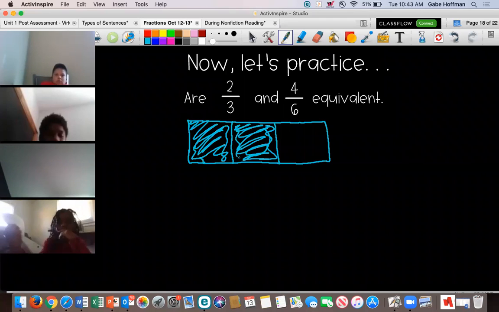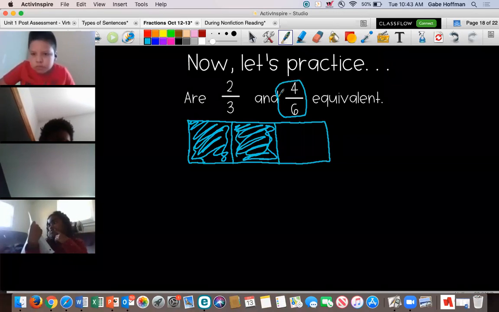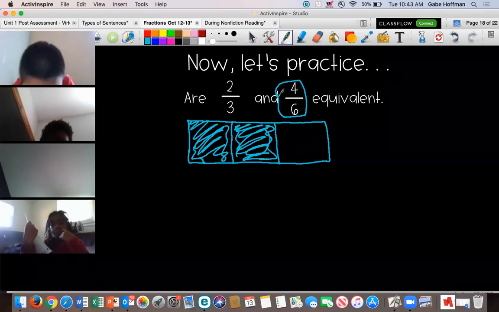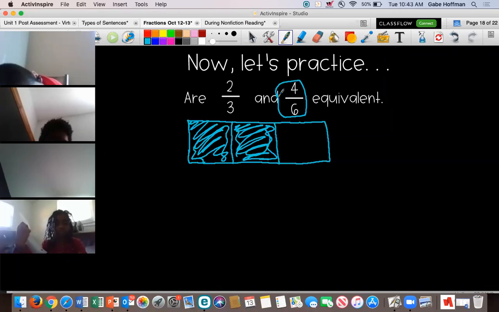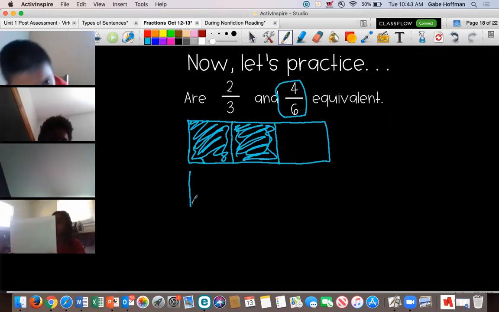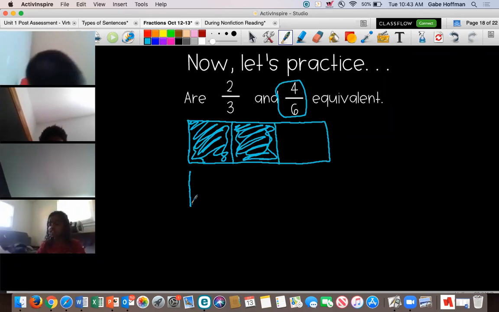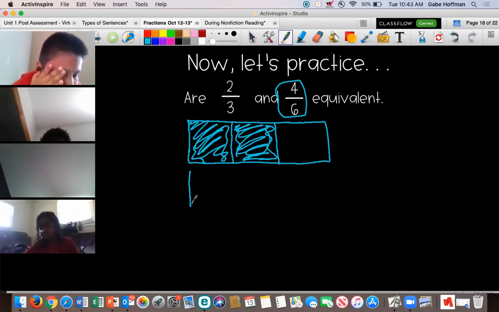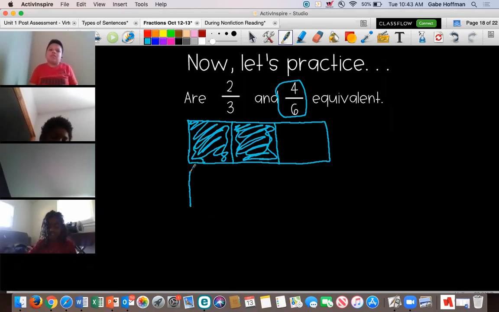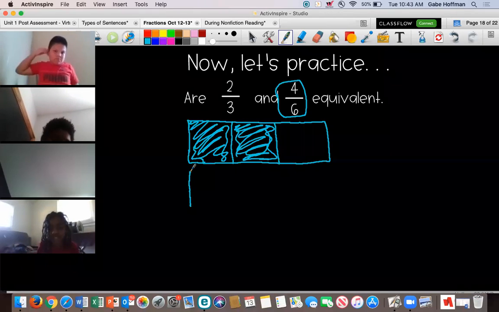Ania, you're going to help me draw the 4/6. When I draw my rectangle for 4/6, what do I need to make sure? What's that first step that we need to make sure? You need to draw the rectangle. Can I just make it whatever size I want? No, it needs to be able to fit 6 pieces inside.